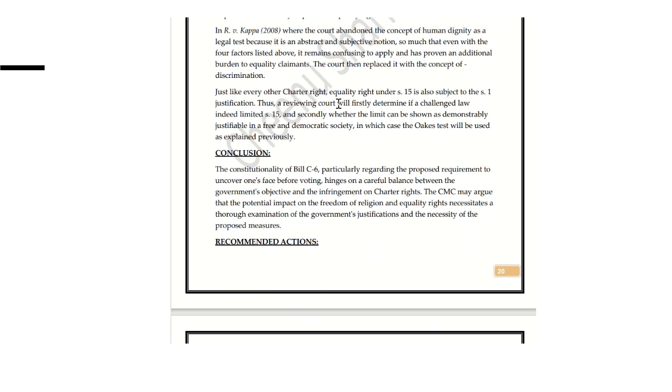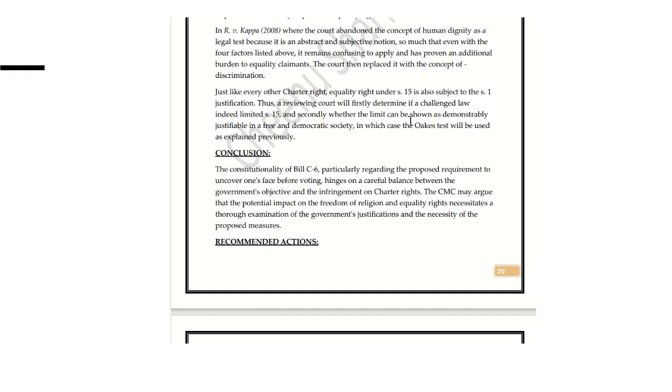But here this is not your burden of proof. This is the government's burden of proof. That is why we are not justifying section 1 here, because the examiner has directly asked you to just go to section 2A and 15.